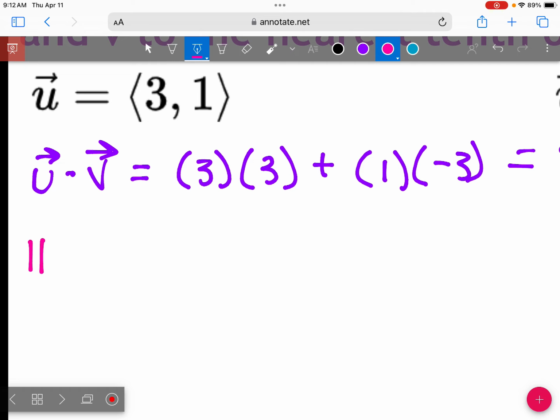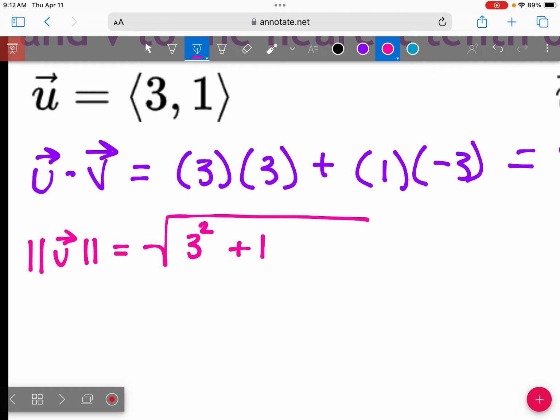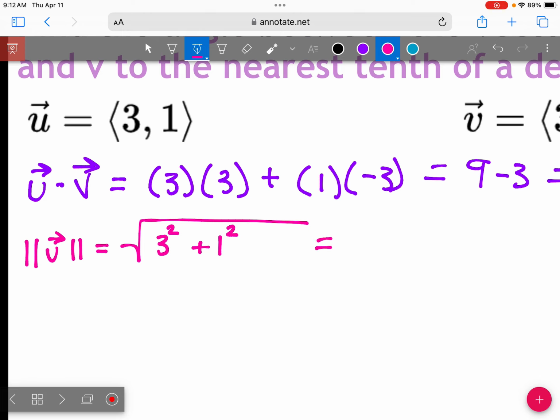Then we need our magnitudes of each of these. So I'm going to get my magnitude of u, which is the square root of 3 squared plus 1 squared, or square root of 10.